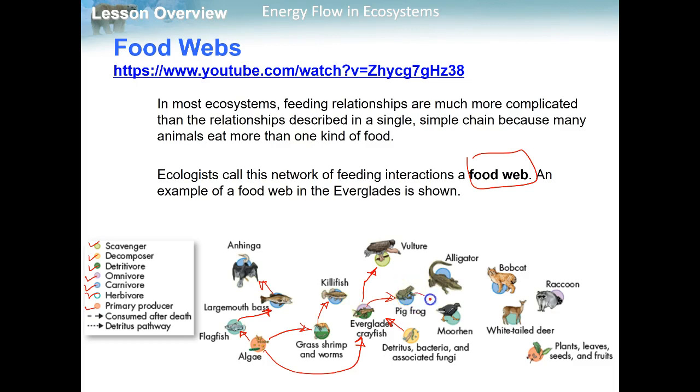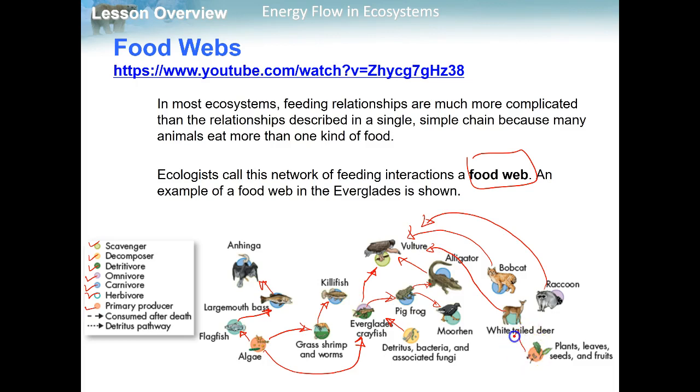This bird is going to feed off of the frog. The alligator will feed off of the frog. The vulture will feed off of the remains of the frog, or the alligator. The vulture will eat off of the remains of the bobcat, the raccoon, or the deer.